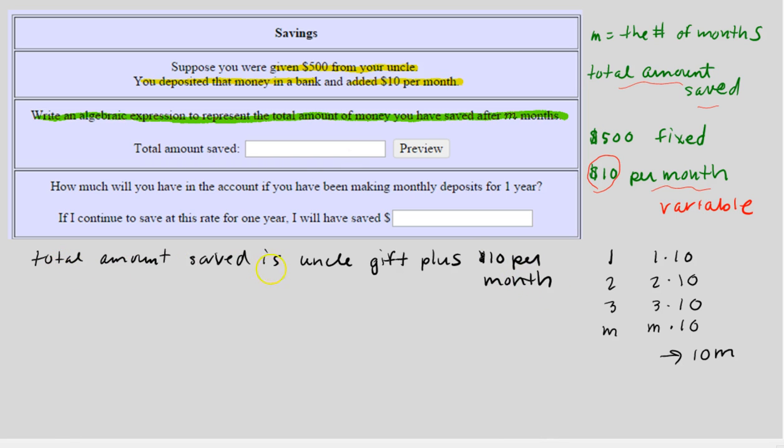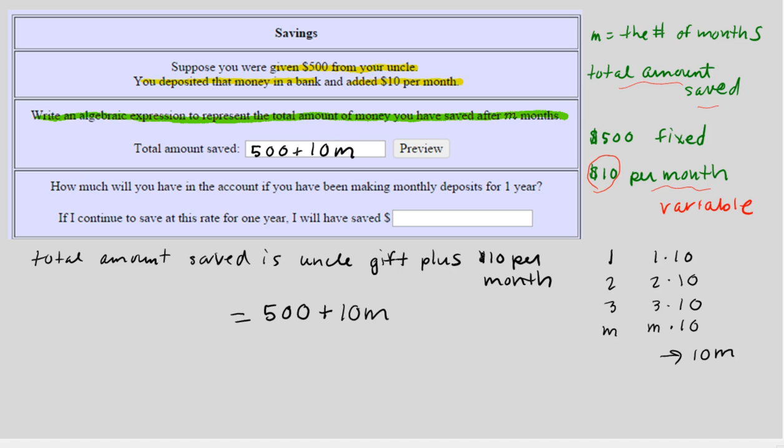So the total amount saved is, I'm going to write equals. Your uncle's gift is a fixed $500 that doesn't change, plus we want to add on $10 per month, which we saw was 10 times the number of months, or 10M. So this is our expression, 500 plus 10M.